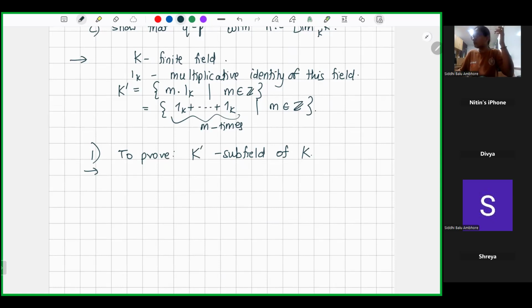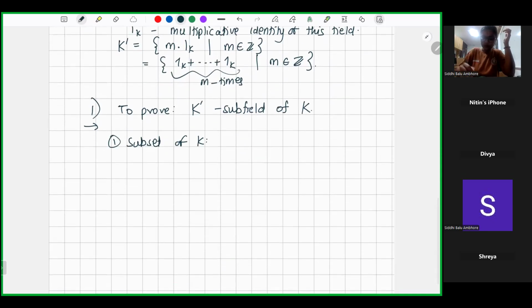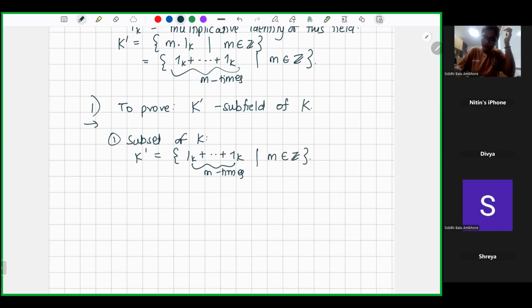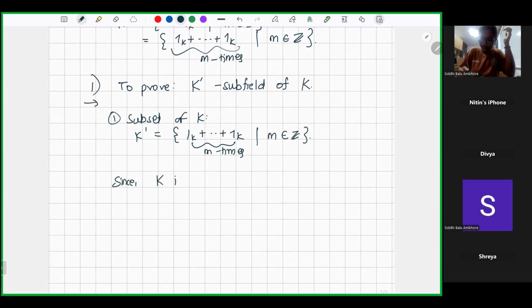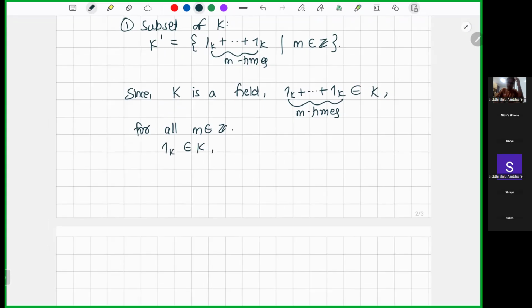So first we check that it is a subset of K. K dash is the collection of all elements of this form, and since K is a field, this belongs to K for all m in Z. Since 1_K belongs to K, this makes sense for m positive, that is, m in N.